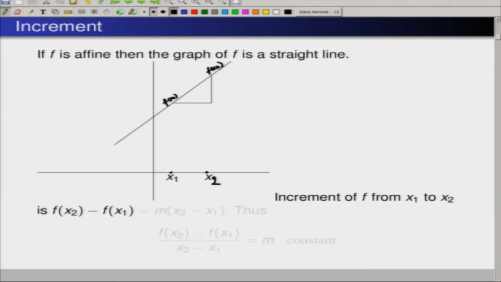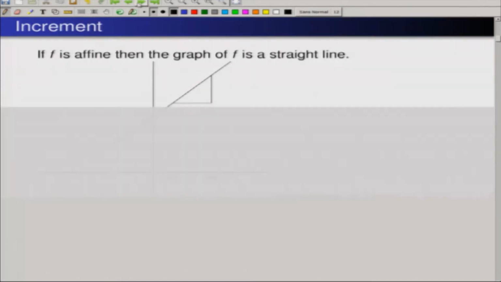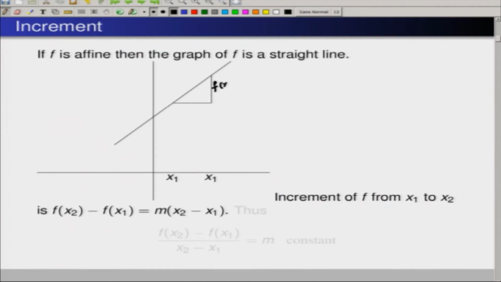So, the increment is going to be f of x 2 minus f of x 1, and this is x 2 minus x 1.